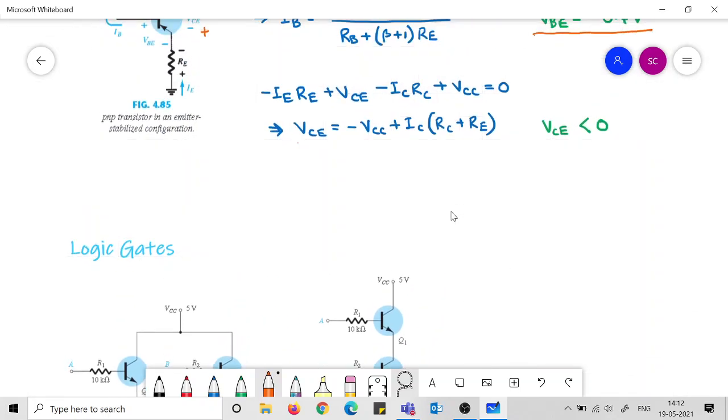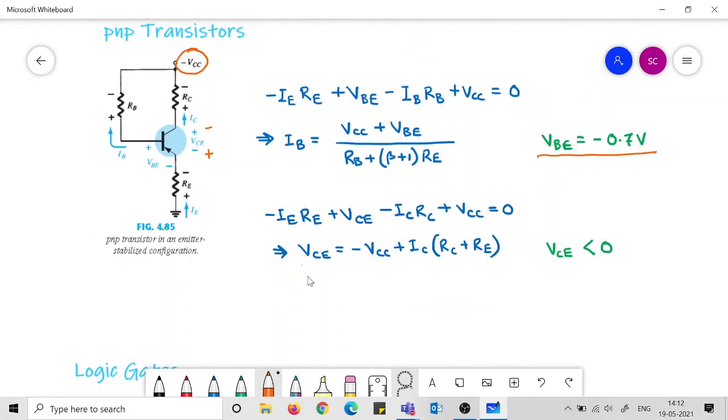So if you have a PNP transistor in a circuit, please remember that this biasing voltage should be negative. You start with writing this as negative, you make the direction of currents in this manner, and you can start with the actual polarities like VC, like here minus and plus, also VB minus and plus here.